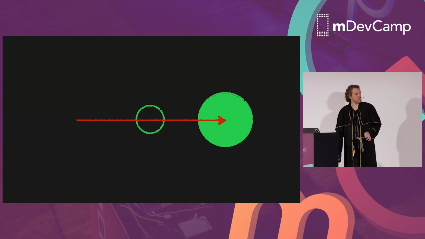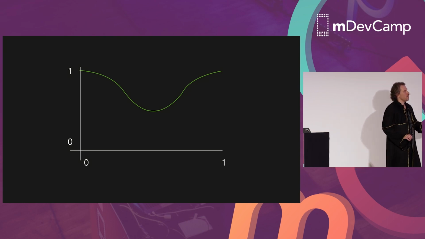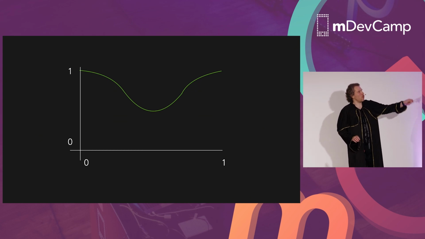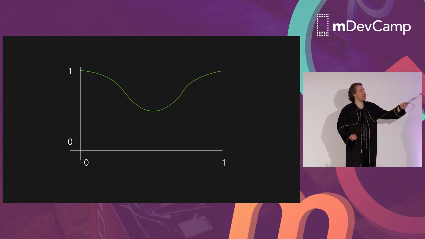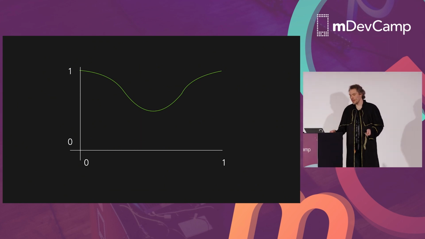Like this. For that, we can say, okay, the scale during our time will follow this path. Let's say it's some cosine path or something like that. How can I do that?